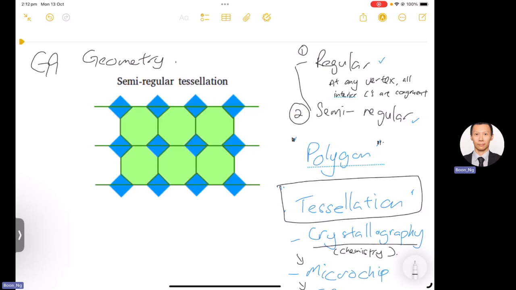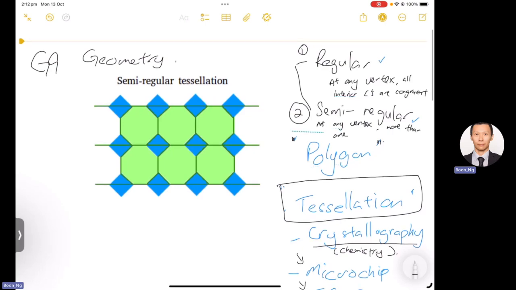Okay, and for semi-regular, at any vertex, you will see more than one angle. So I just included one semi-regular tessellation here.